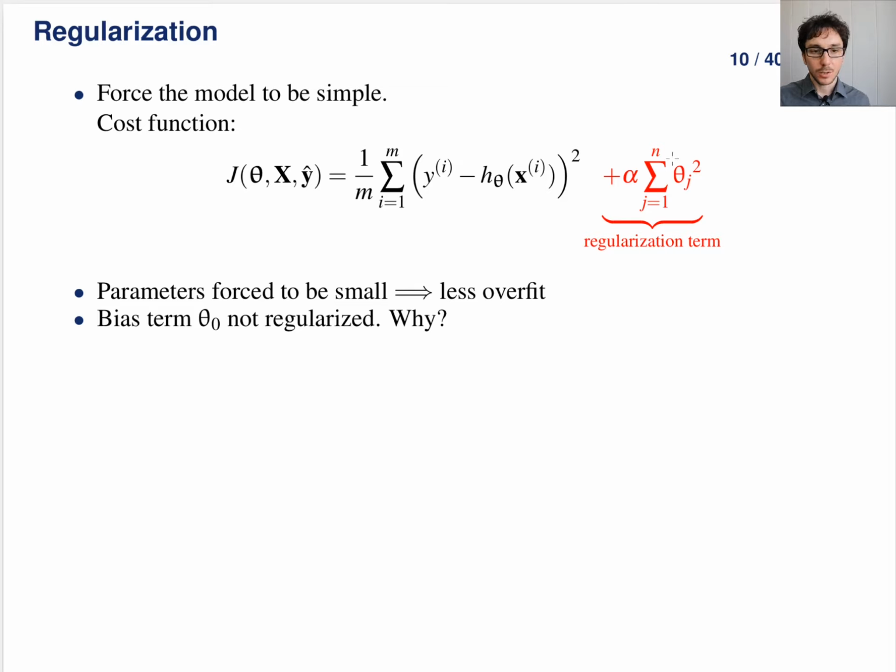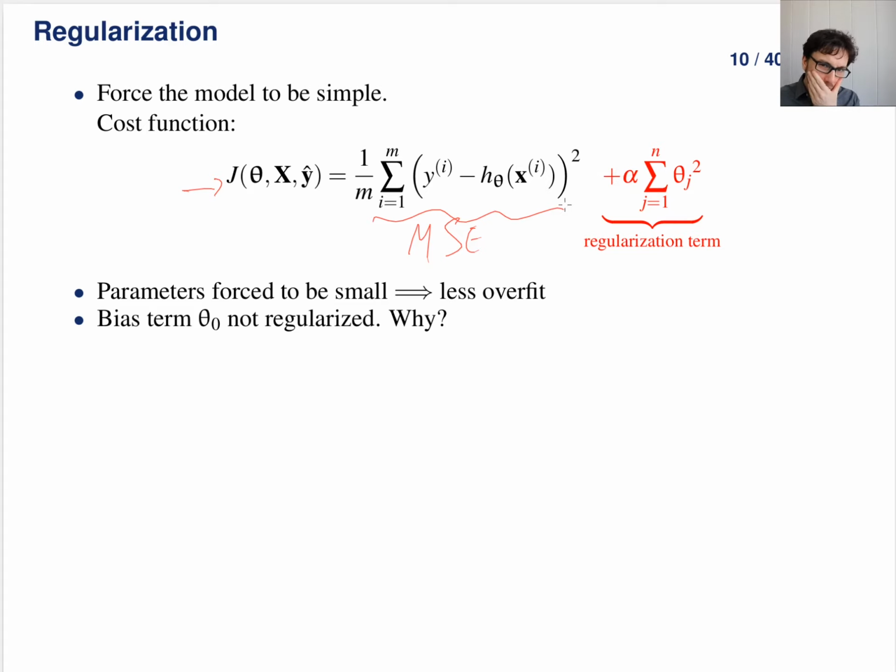This regularization is very simple. It just consists in modifying the loss function. Instead of just including the error with the dataset, we also add a regularization term which penalizes high values of the parameters.